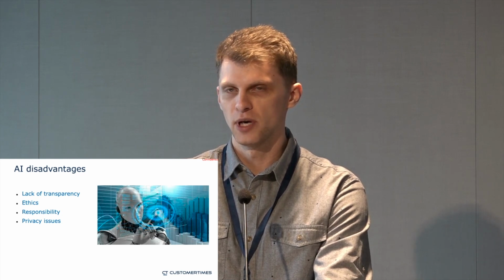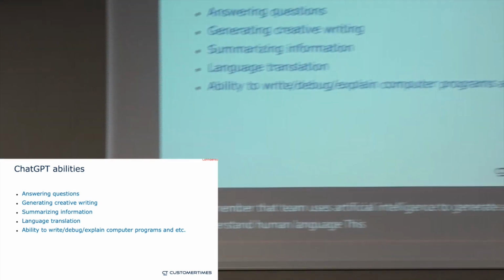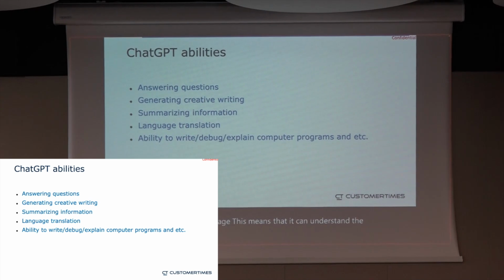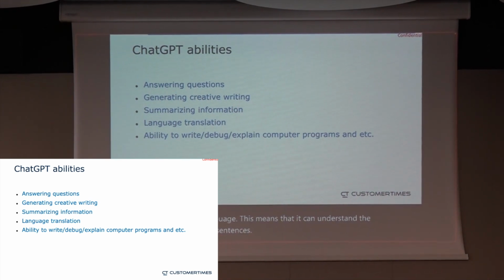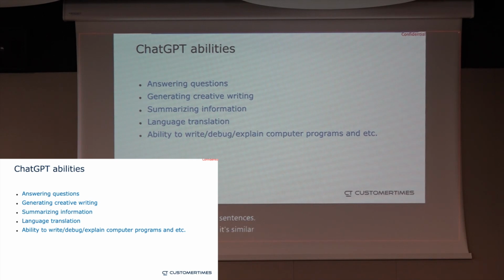Now, let's go back to ChatGPT. Remember that ChatGPT uses artificial intelligence to generate and understand human language. This means that it can understand the meaning of words and sentences and generate text that is similar to what a human would say or write.